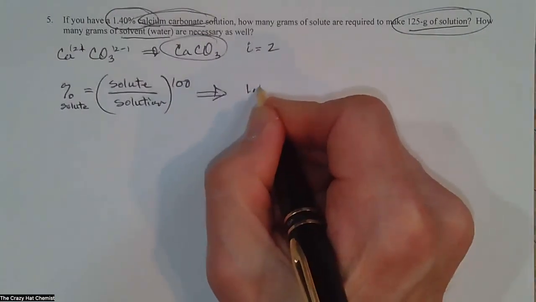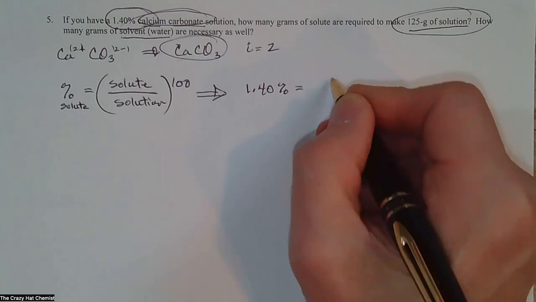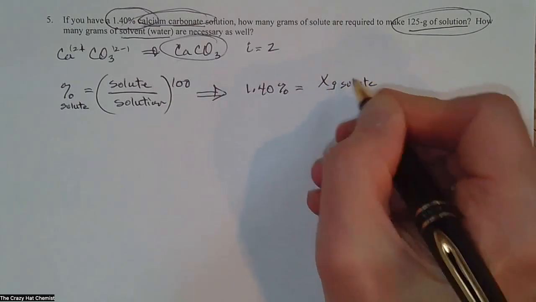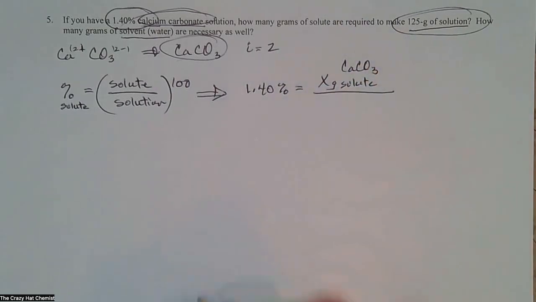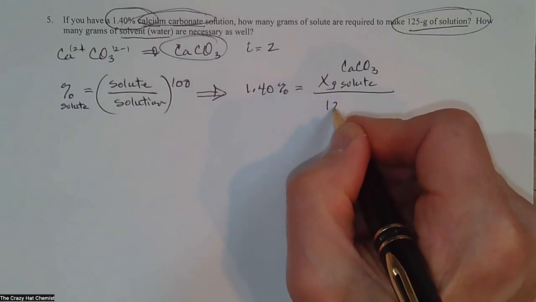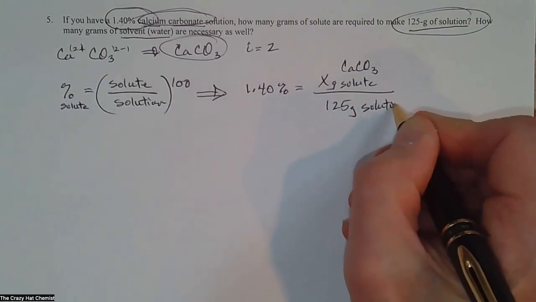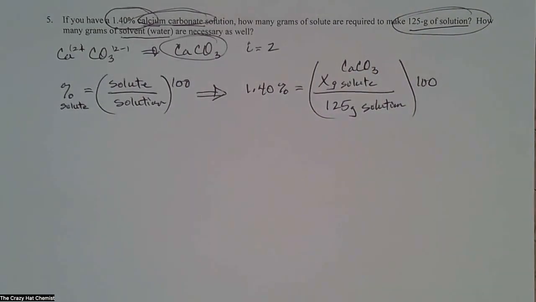I have 1.40% is equal to X grams solute, which is going to be the calcium carbonate, divided by the 125 grams of solution, times 100. Okay.